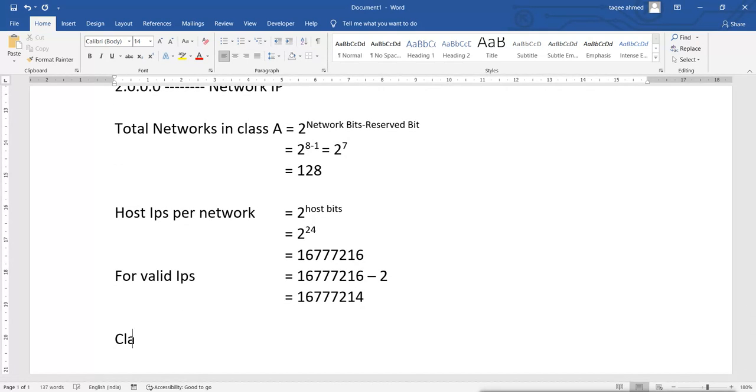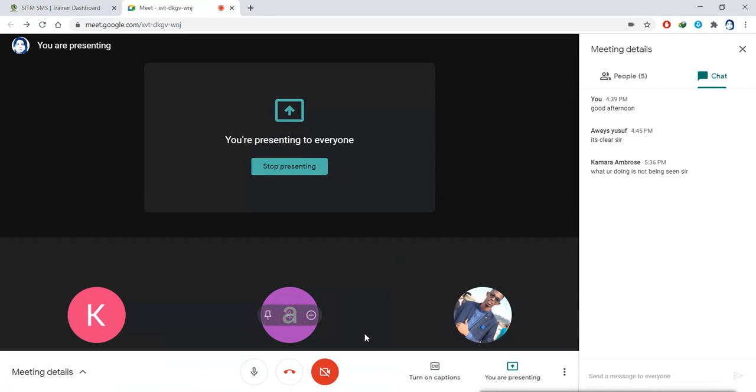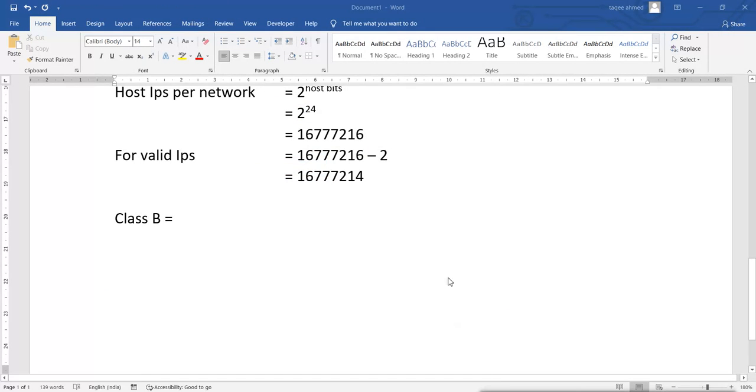Now if you say class B, as class A ends on 127, class B will start from there. Class A ends on 127, so class B will start from 128 and it will go to 191.